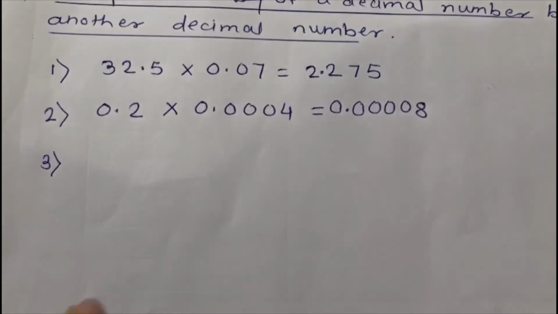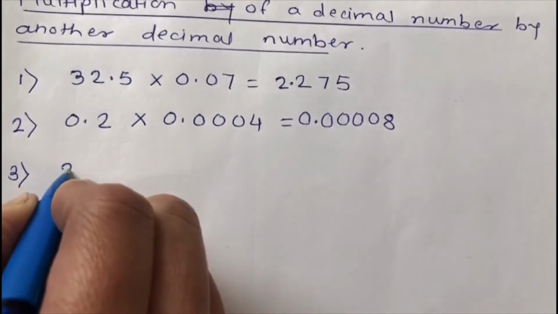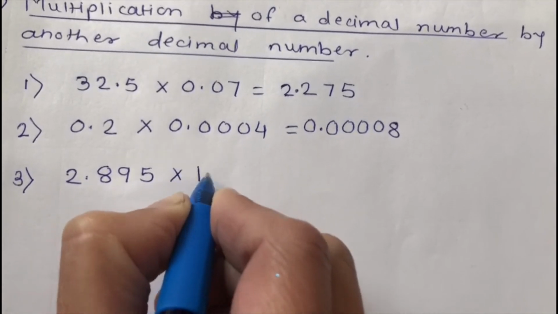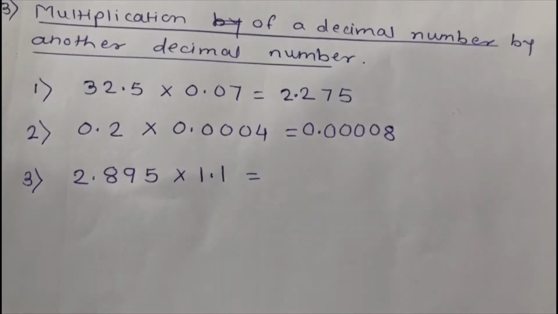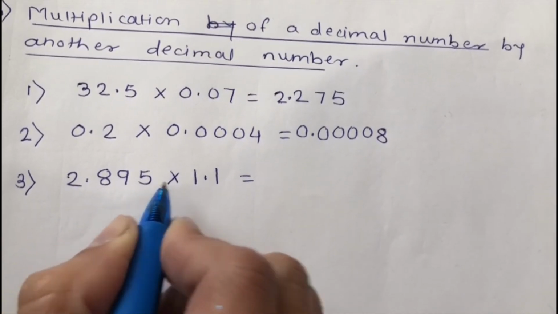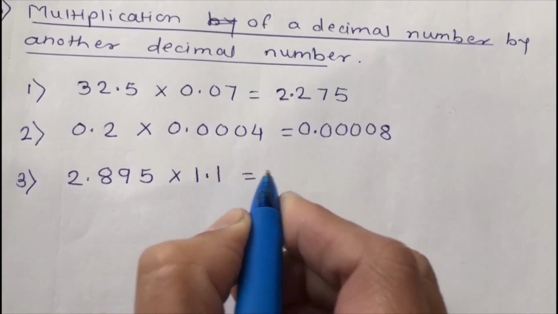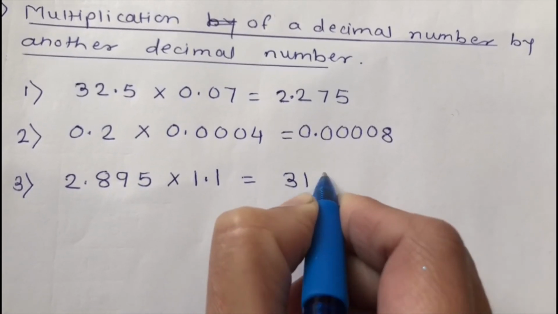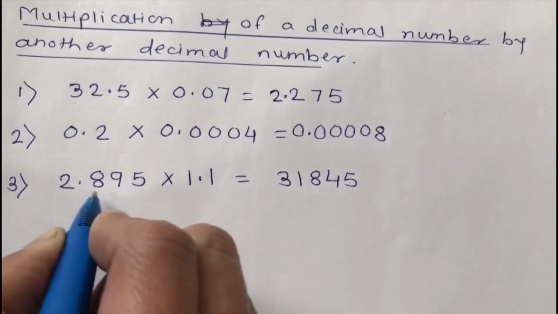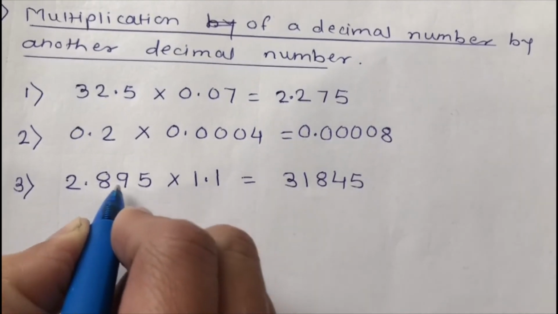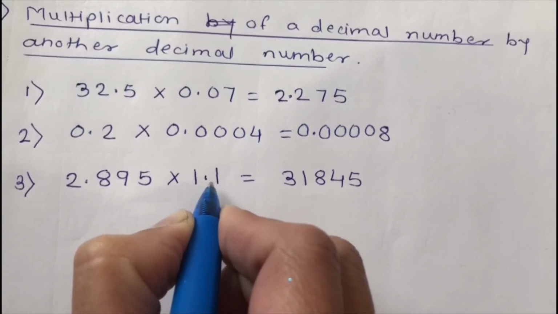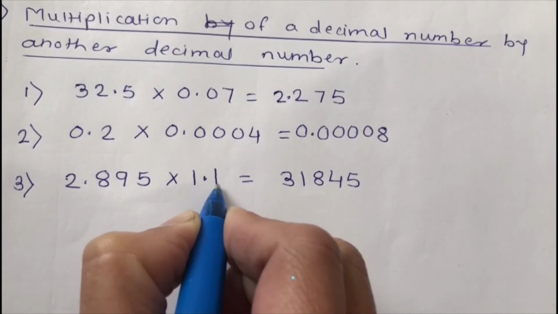Let's have another example. 2.895 times 1.1. When we multiply 2895 by 11, it gives us the value 31845. Now here the decimal point is after 3 digits from the right, and here in 1.1 the decimal point is after 1 digit from the right.